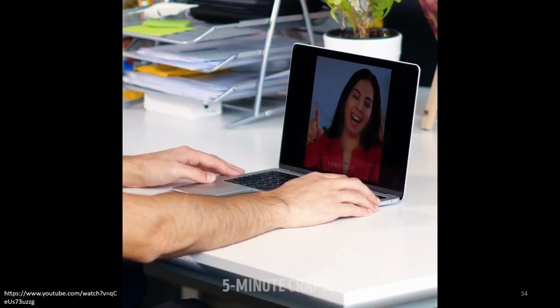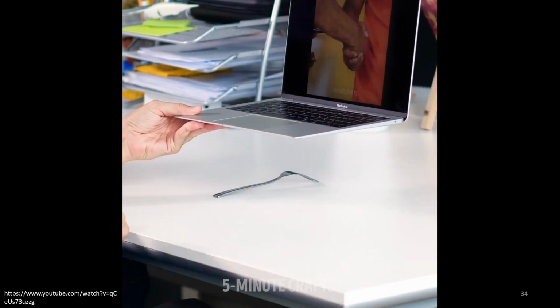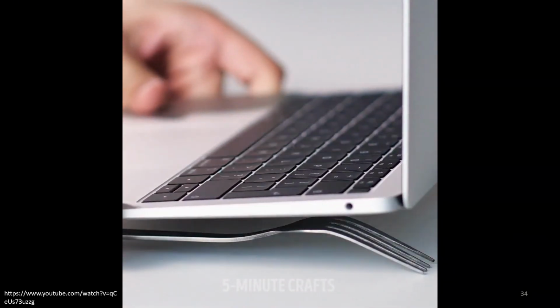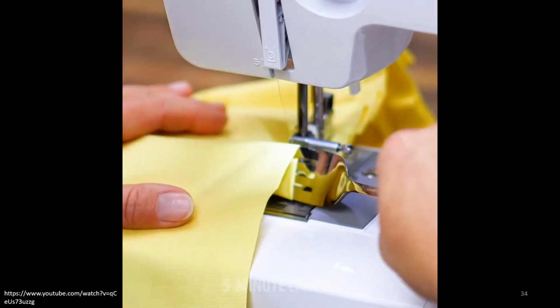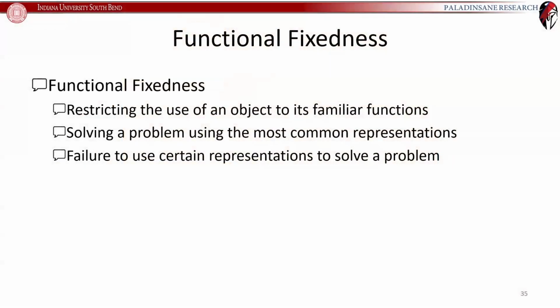And if you fail to solve the problem of how can you support an egg on a table when you don't have an egg holder, you'll fail to solve the problem if you don't see the potential of using two forks as a stand for that egg. All right, so functional fixedness, you restrict the use of an object to its familiar functions, and you solve the problem using the most common representations.